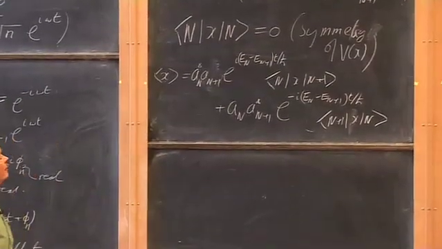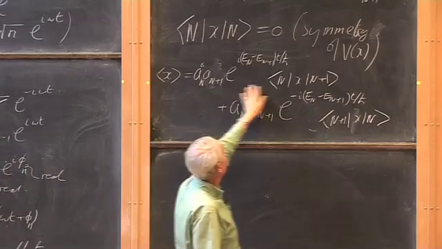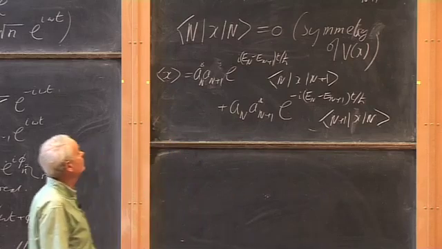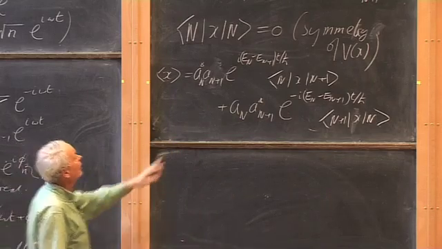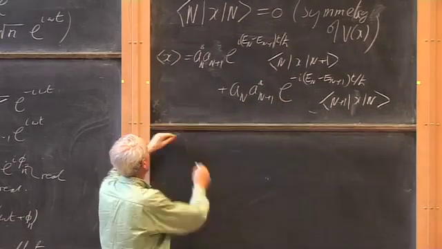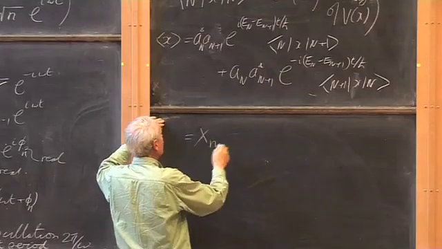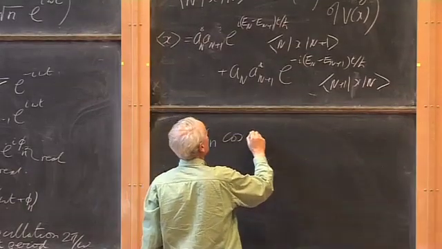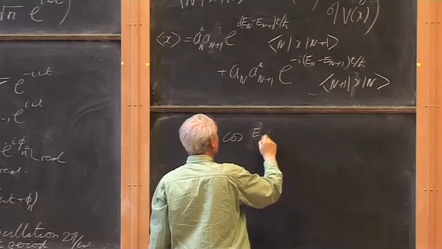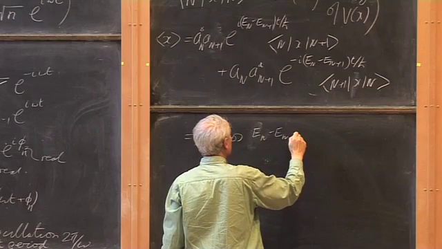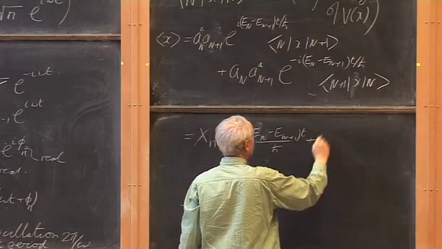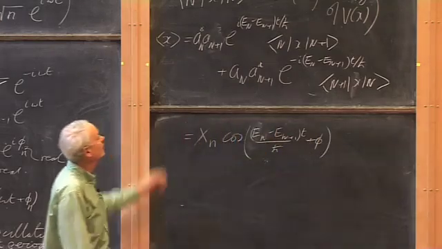So what do we have now? We have again that this term is the complex conjugate of this term. So we're looking at a sinusoidal function plus its complex conjugate. Therefore, we're looking at something which could be written as X_n cos of (E_n minus E_(n+1)) t on h bar plus a possible phase factor, right?